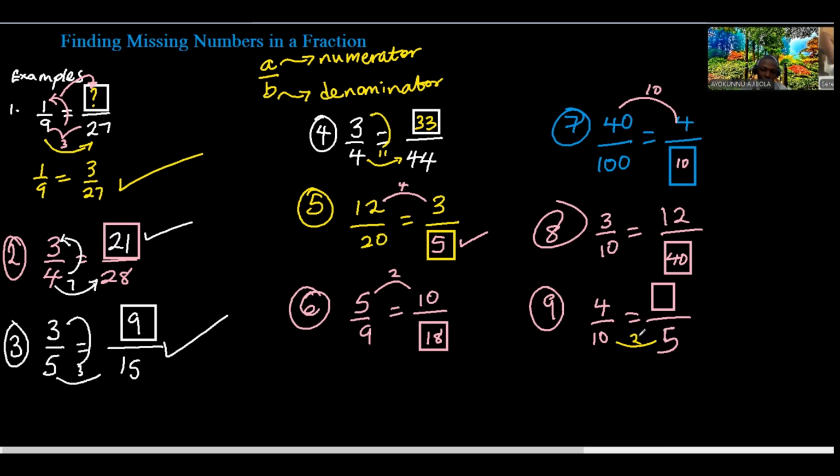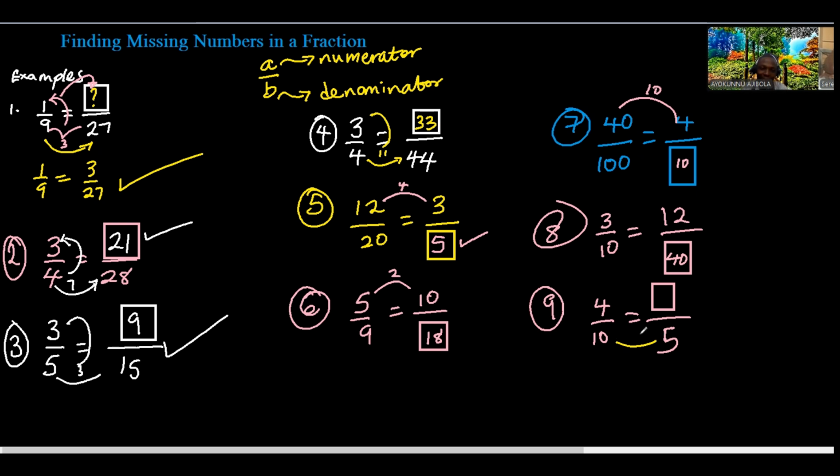So if 2 times 5 will give me 10, then 2 times what will give me 4?